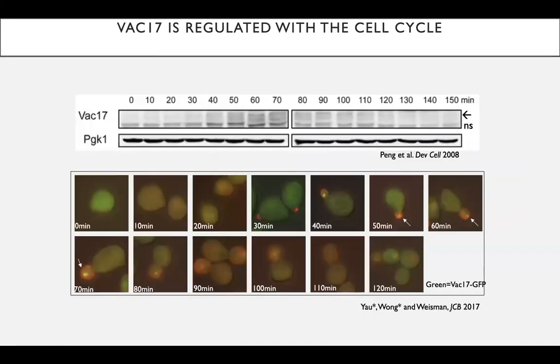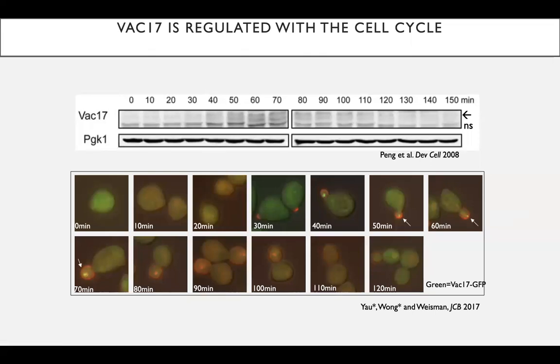So here's some of the data on how VAC17 is regulated in this process of vacuole inheritance. On the top here is a Western blot. What these researchers did is they took yeast, and you can coordinate when yeast go through their cell cycle.